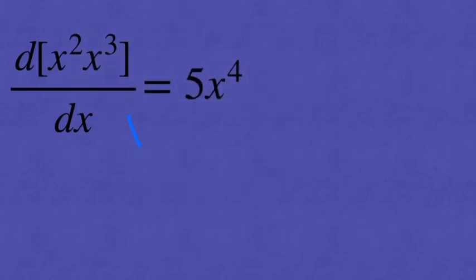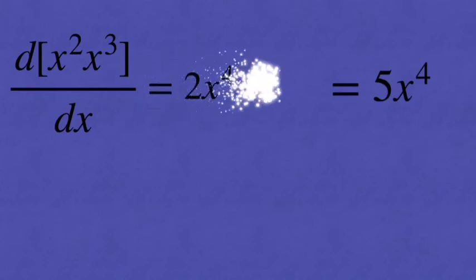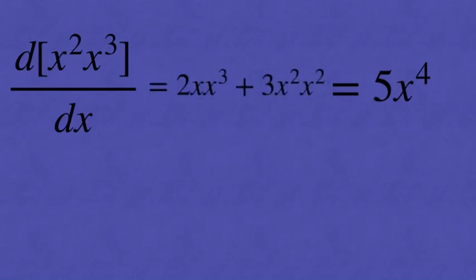But this time, you want to look in between the lines. What you notice is that 5x to the fourth equals 2x to the fourth plus 3x to the fourth, and that, strangely enough, equals 2x times x to the third plus 3x squared times x squared, and even more strange, x cubed and x squared are included here, right?